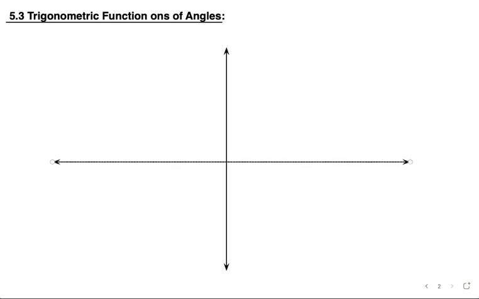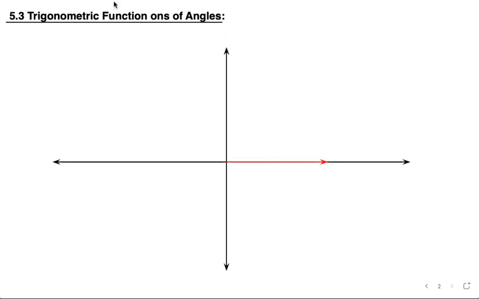So, I have an angle in the standard position. In the standard position, the initial side starts at the positive x-axis, like this, and the vertex is at the origin, (0, 0).